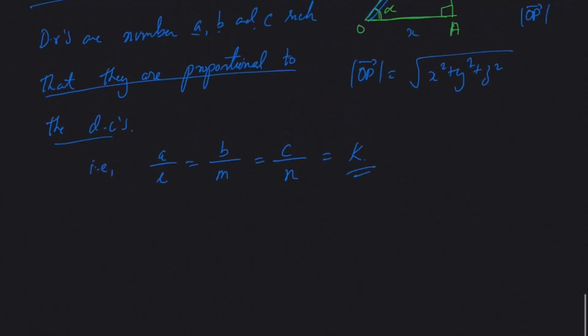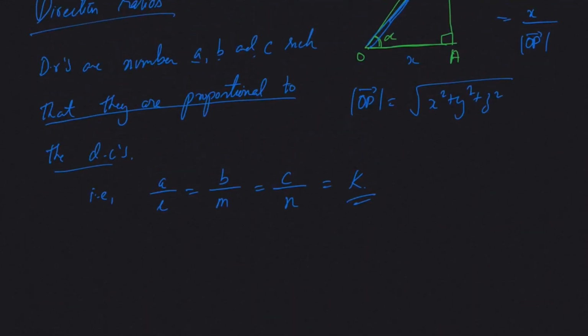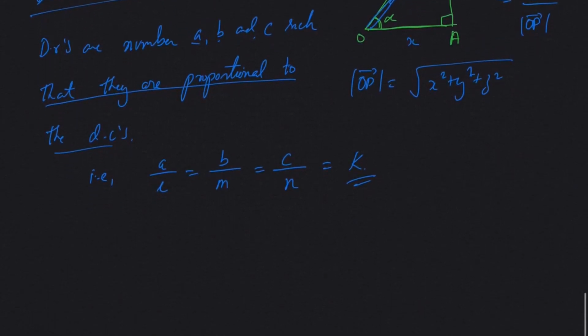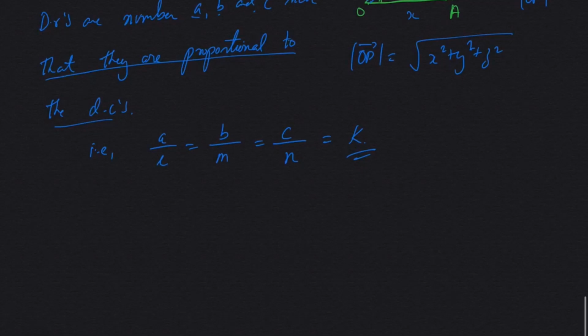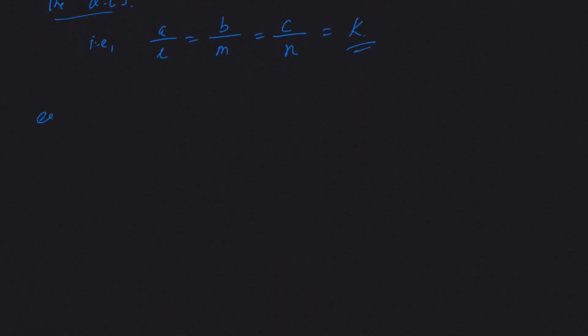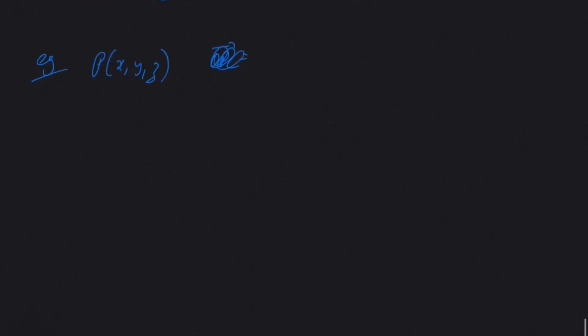I will not go into how we calculate the direction ratios and direction cosines, but just talk about the conditions only. I hope that is understood. Now, for a specific point like P(x, y, z), we know how to calculate OP, and we'll discuss that in other topics.